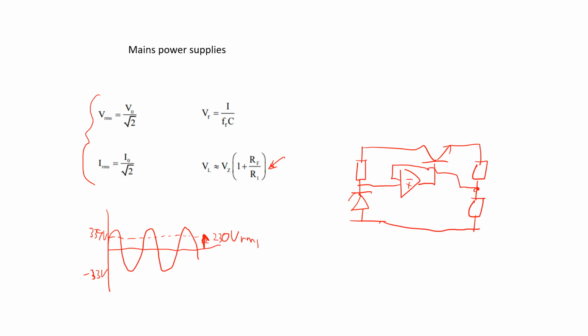Basically, then it would always say what is V out. Well, VL, the voltage across the load, that's that bit there. So if you know the voltage across the Zener, you can work it out because the feedback resistor is that one, and R1 is that one. I prefer to just use potential dividers. Let's say the voltage across the Zener is 10 volts. Just use ratios. If it's 10 volts across here, you can work out the voltage across that one by ratio. But it's horses for courses, isn't it?